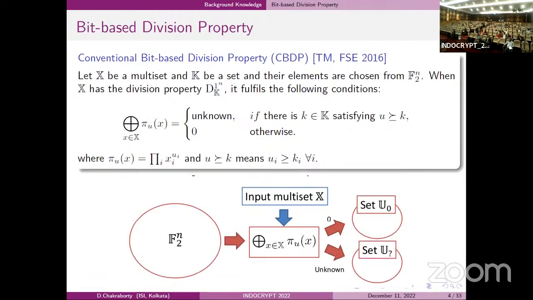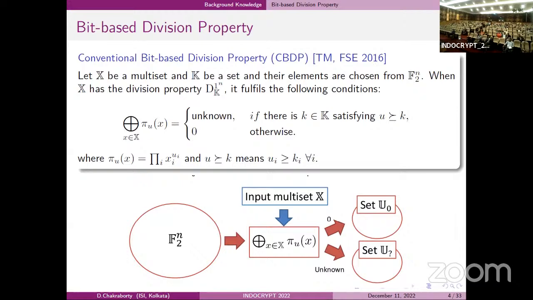So actually we are having a set X which has some property K, and with respect to this I am dividing the space F2^n into two parts. For all those u such that u is greater or equal to k, where k belongs to K, the XOR sum of phi u x is unknown, and for all other u's the XOR sum of X is 0.